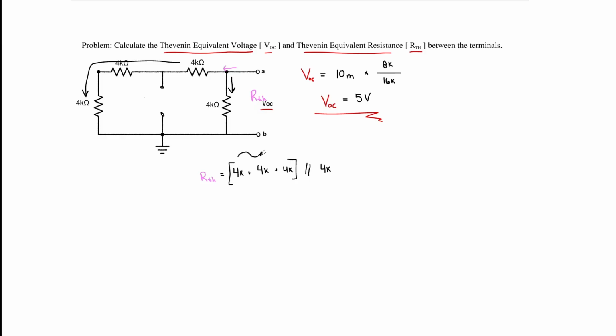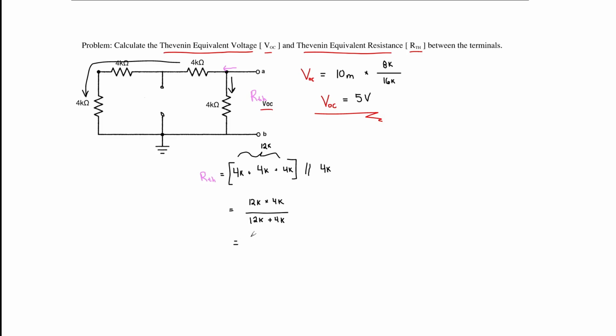Solving for this, we can simply add up our elements in the first branch to 12,000 ohms, and then to properly evaluate our equivalent resistance for this parallel circuit, we can multiply 12,000 ohms by our second branch of 4,000 ohms, and that value is divided by 12,000 ohms, once again adding 4,000 ohms.